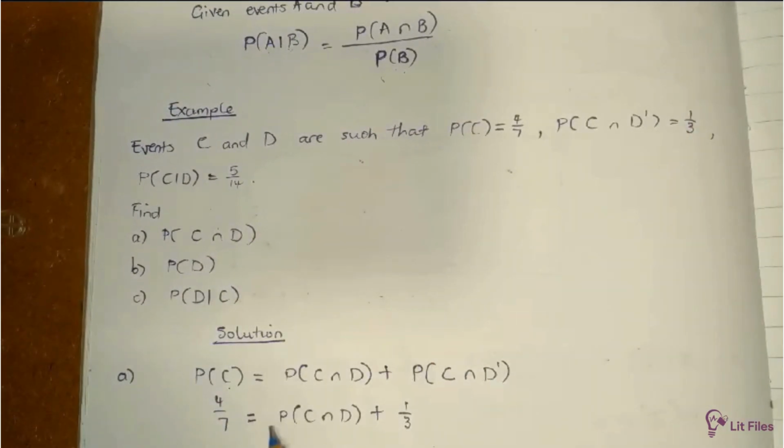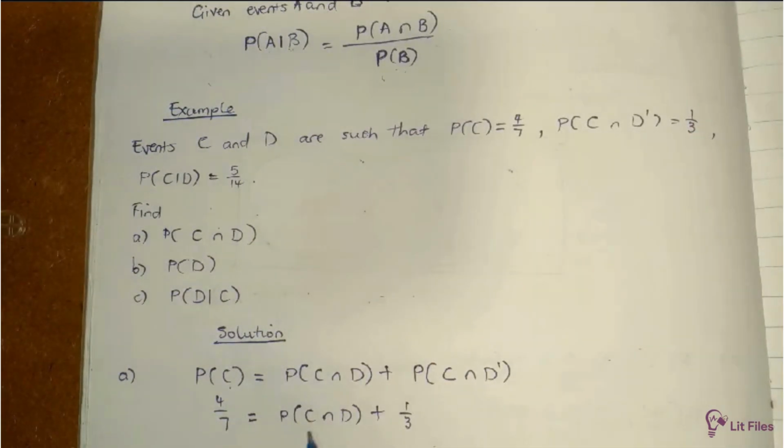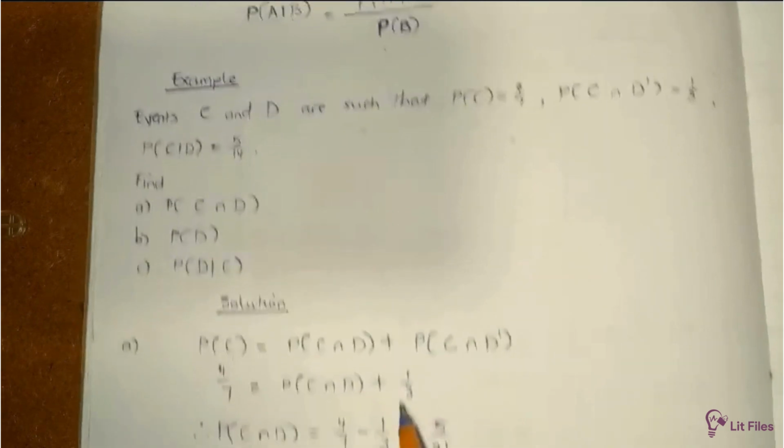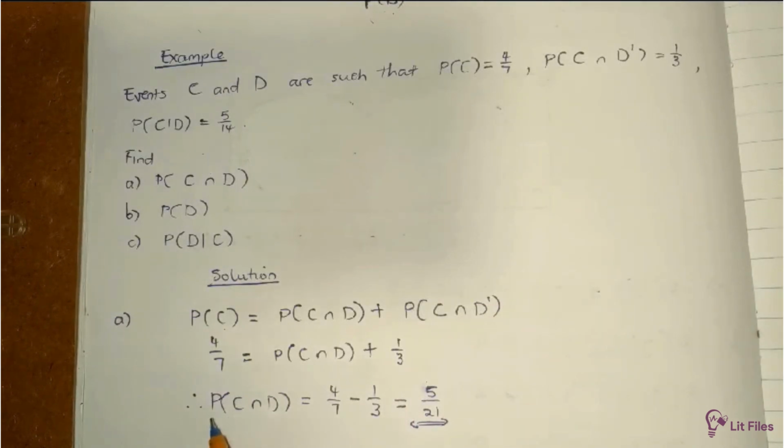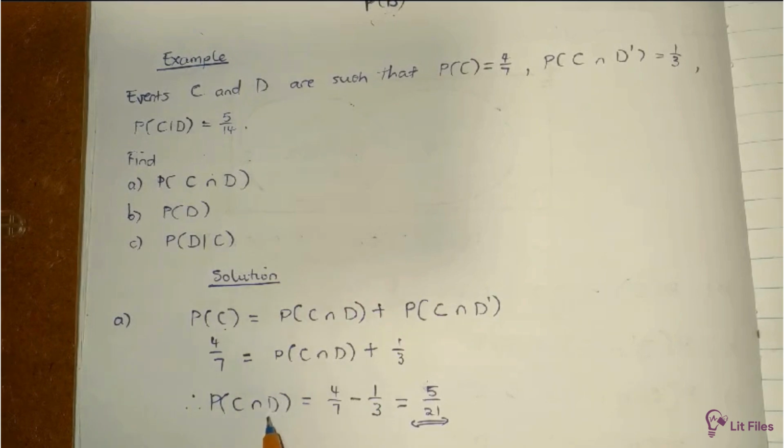We have 4/7 being equal to the probability of the intersection plus a third. Then we make the probability of the intersection the subject of the formula, and then we evaluate.